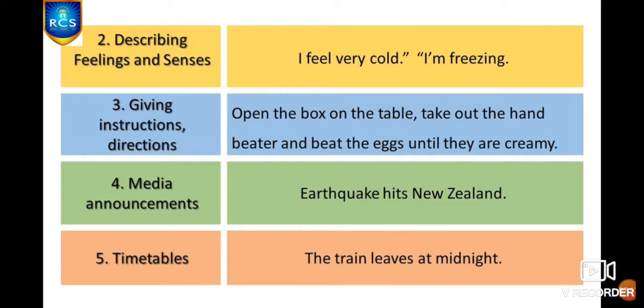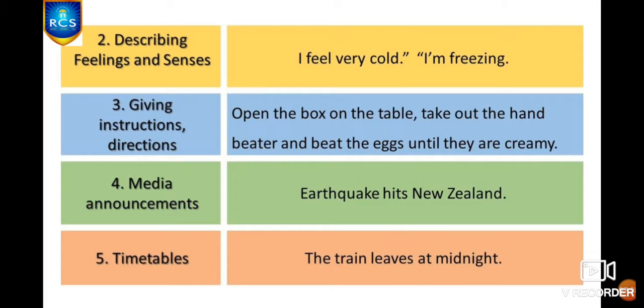While giving instructions and directions: open the box, take out the hand beater, beat the eggs. These are all instructions. And for directions: go right, go left. For media announcements: earthquake hits New Zealand. For media announcements in news channels and all, they will be using the simple present tense.